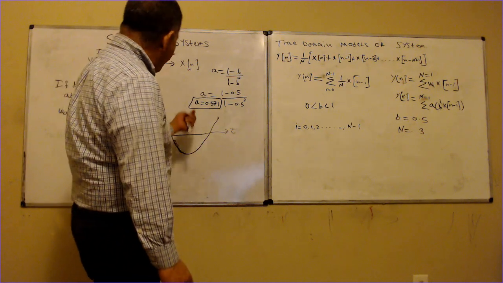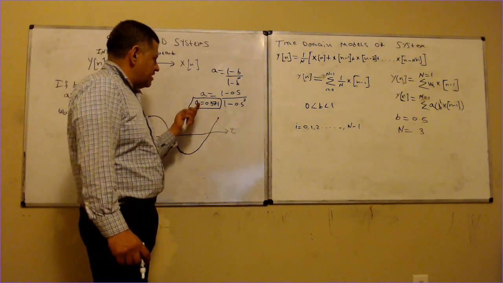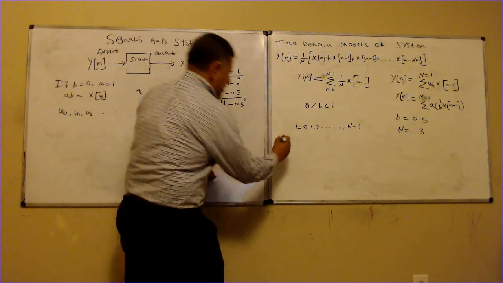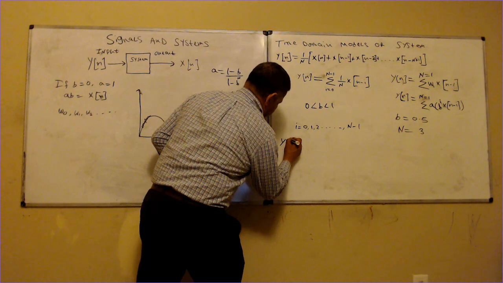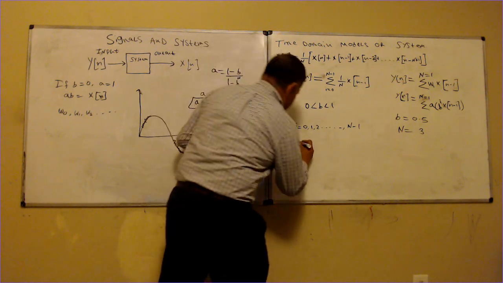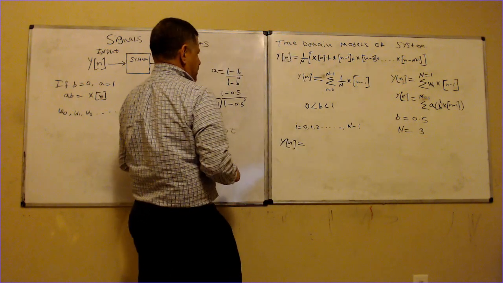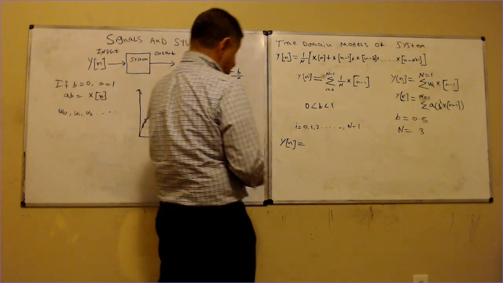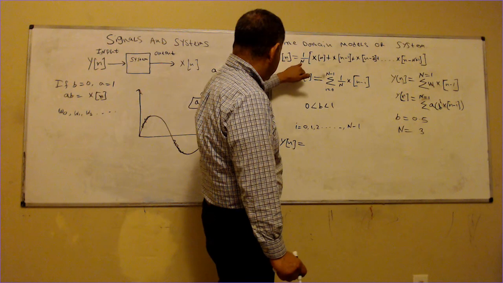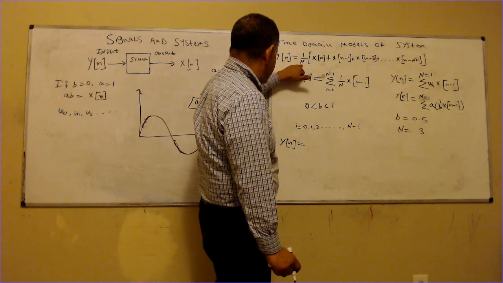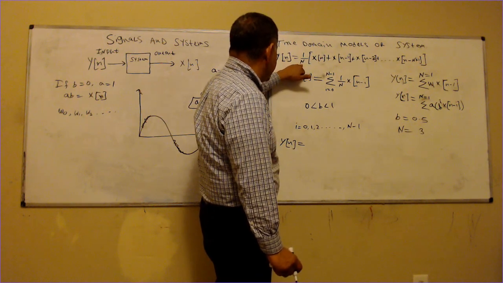Now, if you think about it, look at this. If I get this by using this, the first value is going to be y of capital N, lowercase n. It's going to be equal to, in the first one, it's starting at 1.